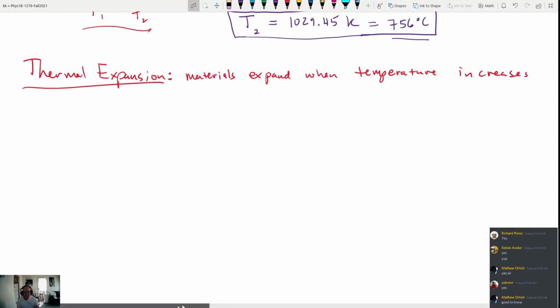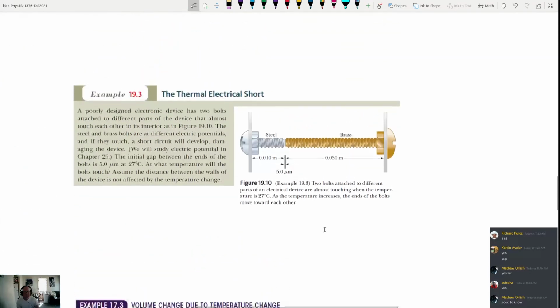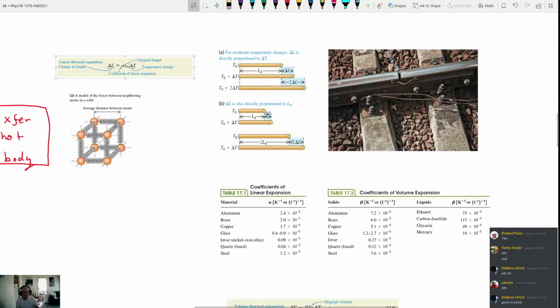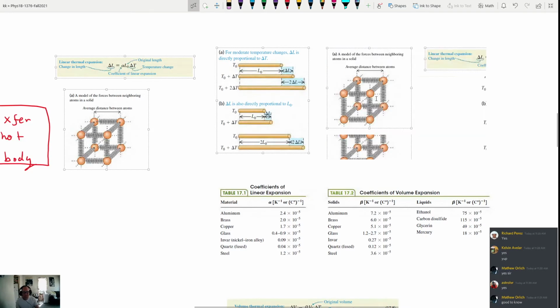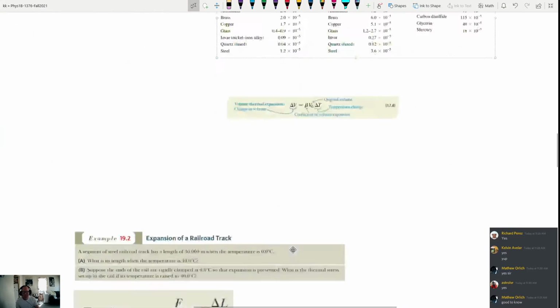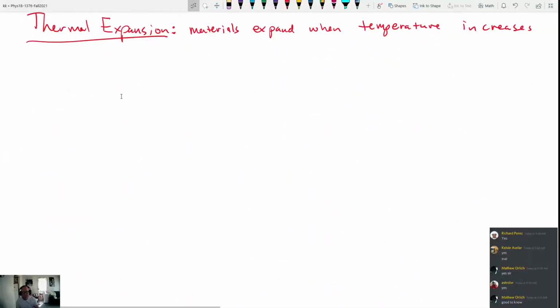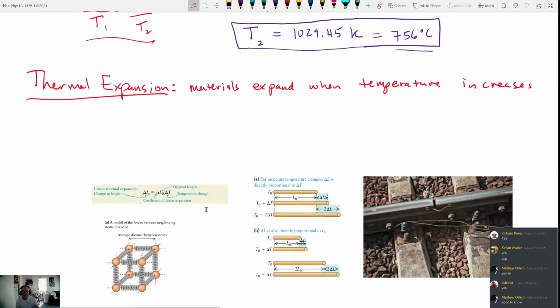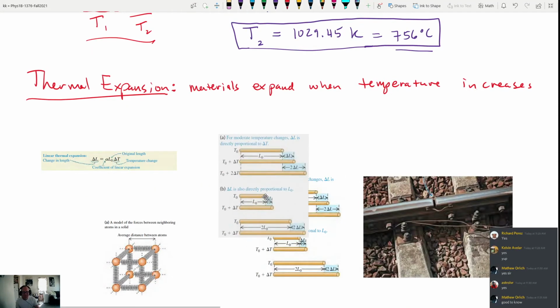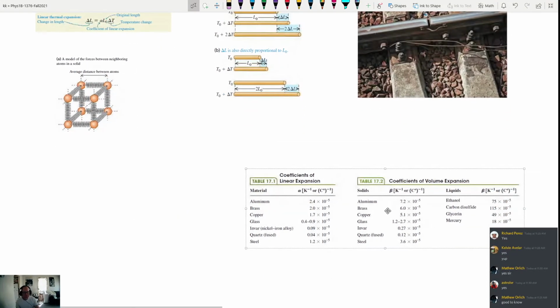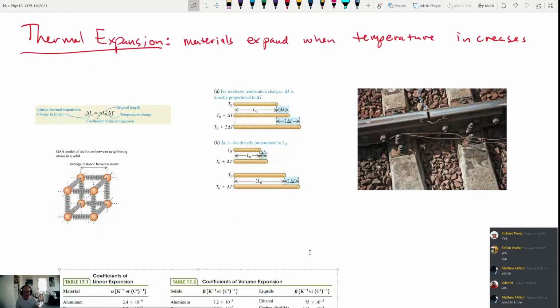Let me pull some of these pictures up. Okay, this is our equation for temperature expansion. This is an example, and this is a picture of something that's related to it. This is basically all the details we need to have here.